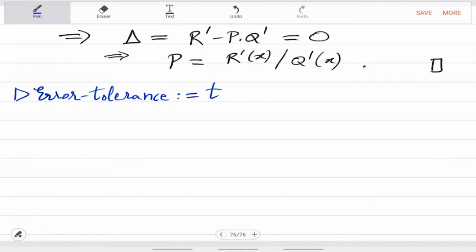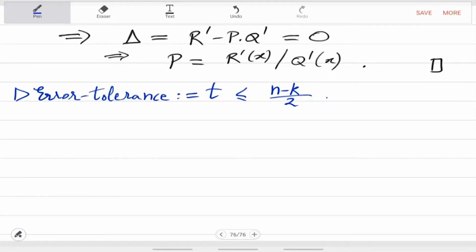This is n minus k by 2. So remember that little n is the number of clusters in the output, right?